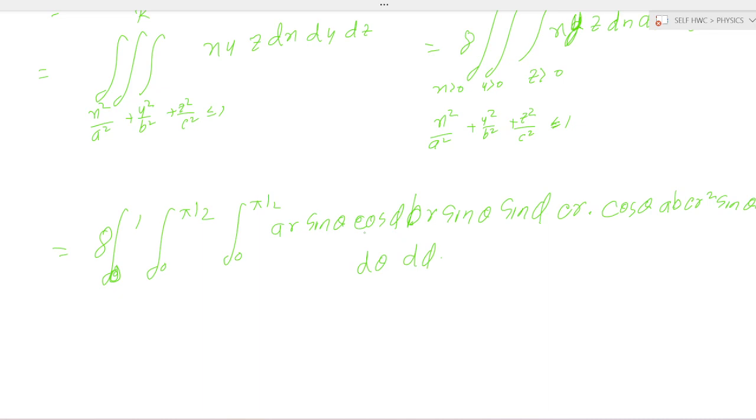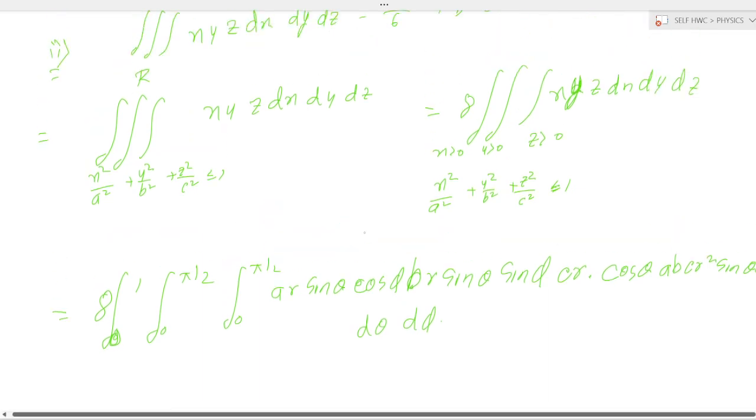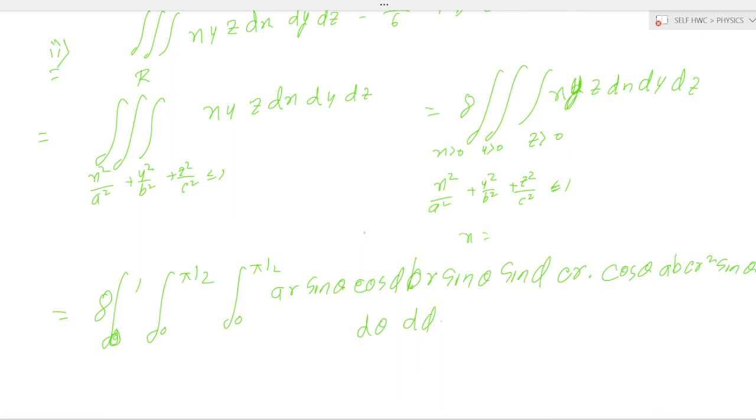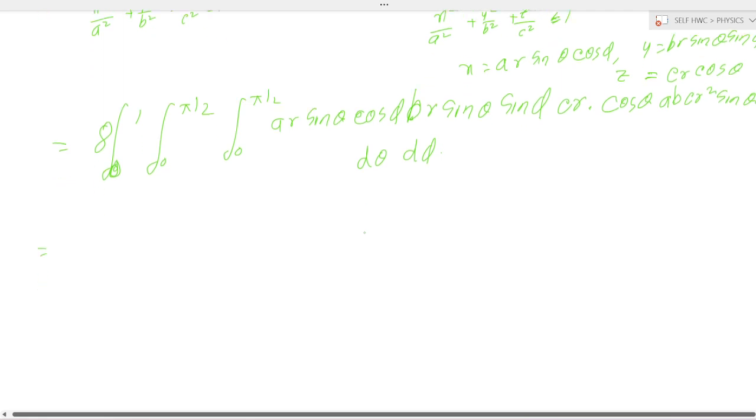So these are the previous transformations, because x equals ar sine theta cos phi, y is equal to br sine theta sine phi, and z is equal to cr cos theta.